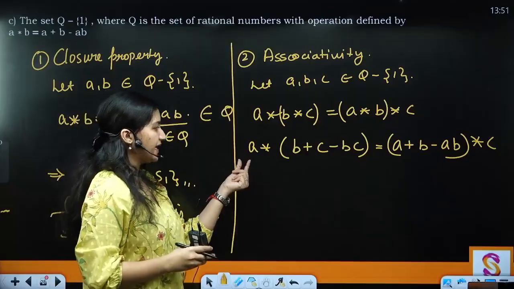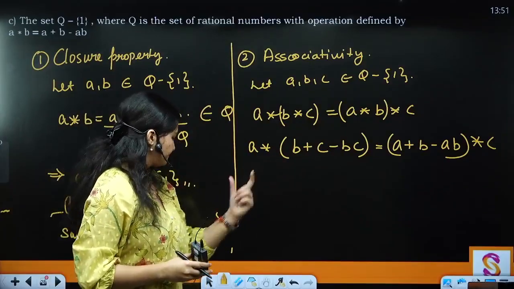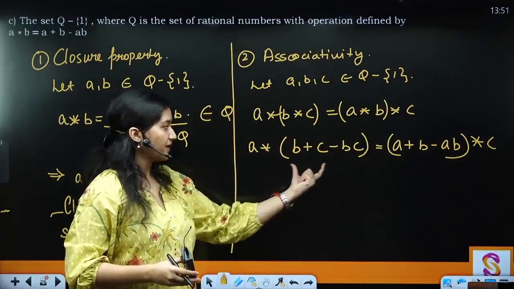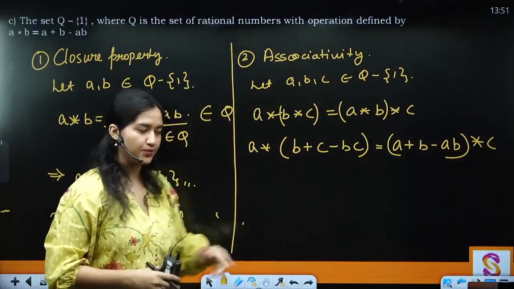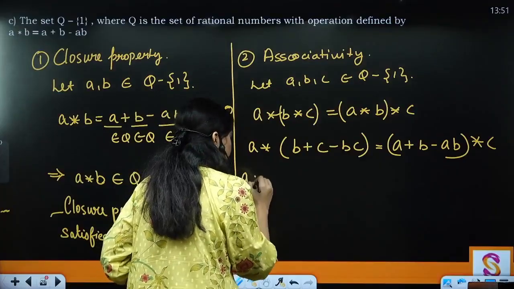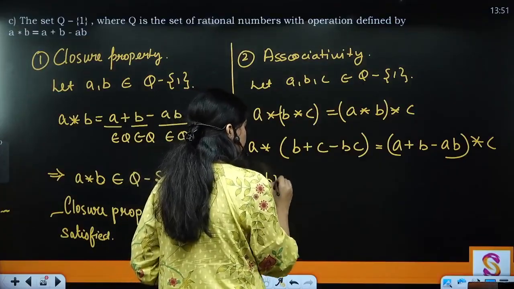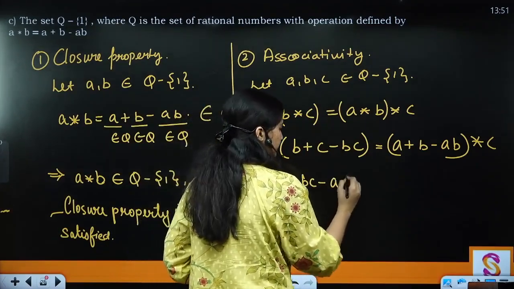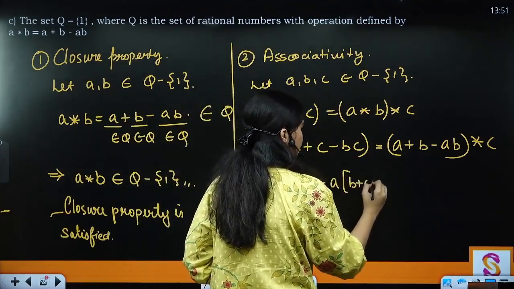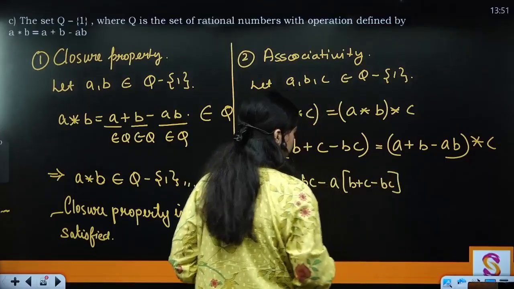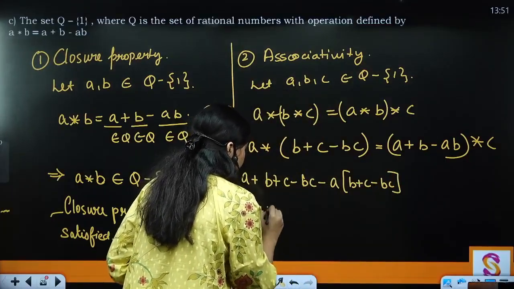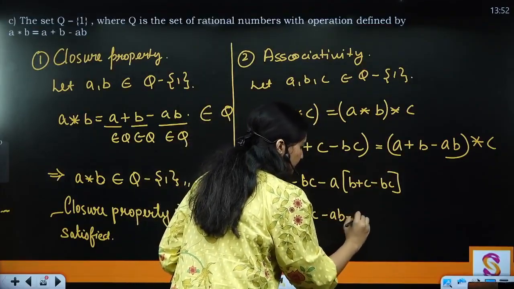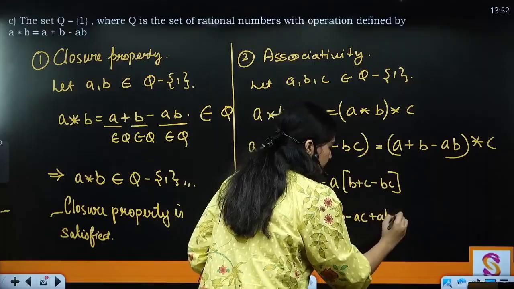Now this will be A plus this whole value and minus the product of these two. This is going to be A plus B plus C minus BC minus A bracket B plus C minus BC. Here this is nothing but A plus B plus C minus BC minus AB minus AC plus ABC.